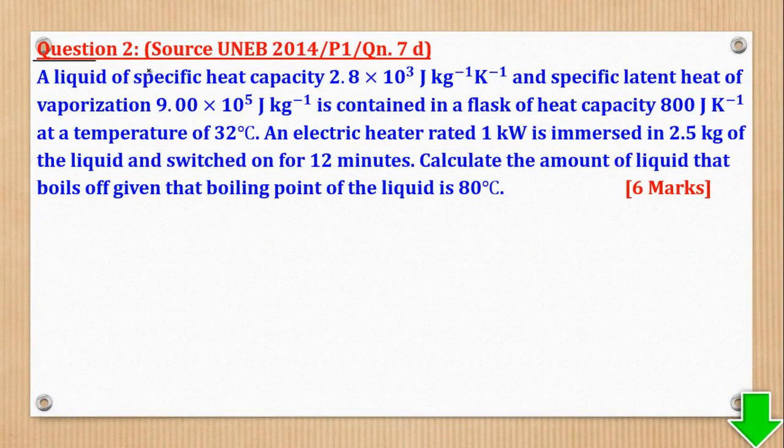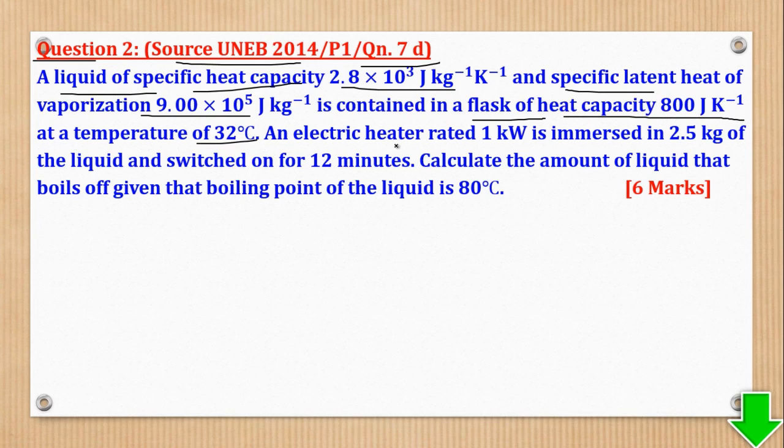Then question 2 came from UNEB 2014 paper 1 question 7D and says a liquid of specific heat capacity this and specific latent heat of vaporization this is contained in a flask of heat capacity that at a temperature of 32 degrees Celsius.